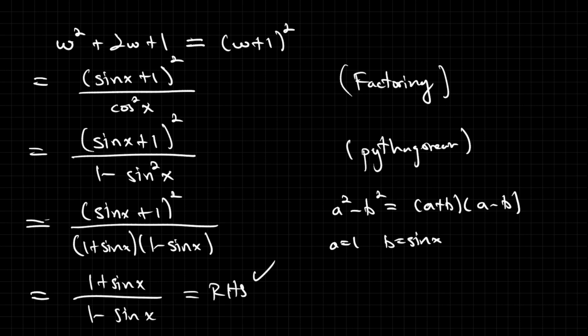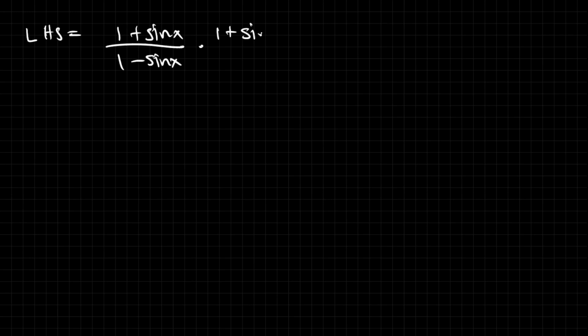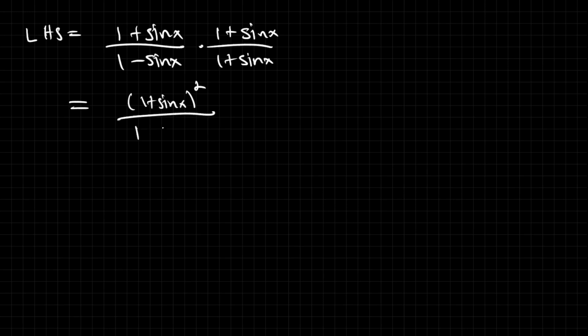I think it might be worth it to try that other way, starting with the left-hand side and seeing if that works. So the left-hand side is (1 + sin x)/(1 - sin x), and what I mentioned is you can multiply this by (1 + sin x)/(1 + sin x), and what you get is (1 + sin x) squared over 1 minus sin squared x.